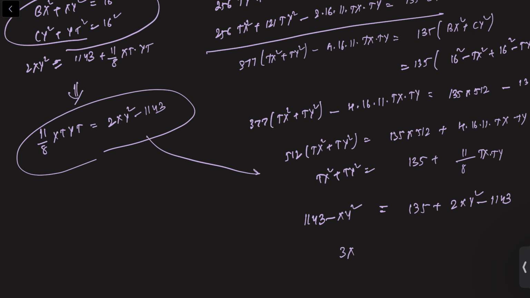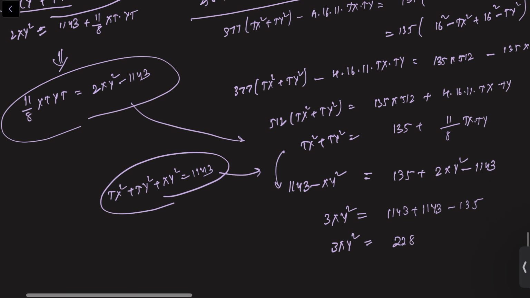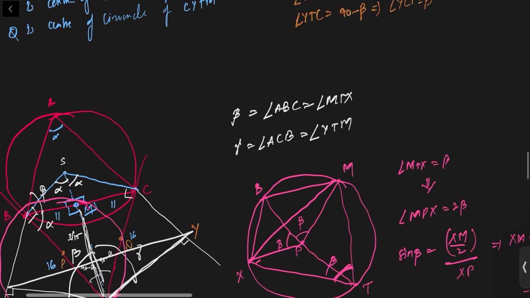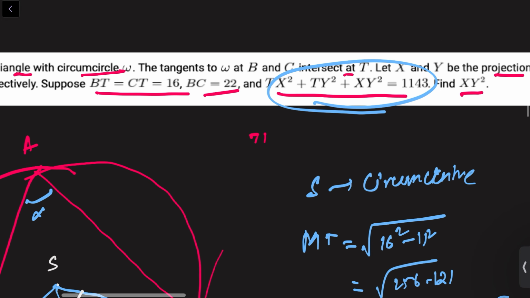So that means 3 times xy² equals, because from this step to this step I am using tx² + ty² + xy² being 1143, 3 times xy² equals 1143 plus 1143 minus 135. So 3 times xy² is 2286 minus 135. So xy² is 2151 divided by 3, which is nothing but 717. Therefore the answer for this question would be 717. So that's it for this video.